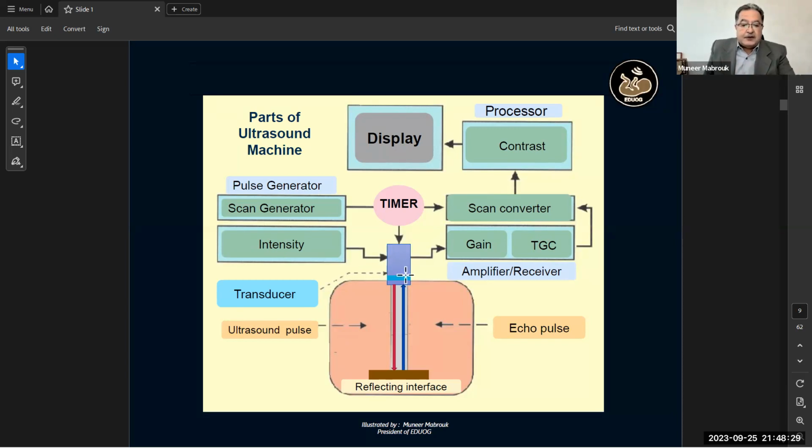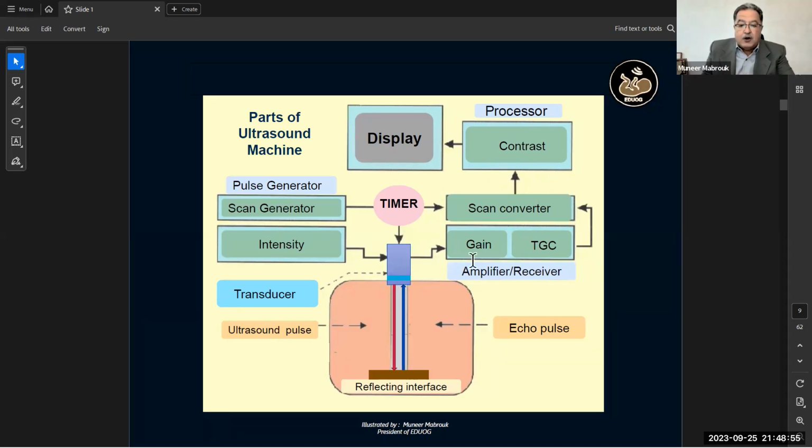The transducer, through the crystals here, changes the electric current that I gave it to sound that goes to the reflecting interface, uterus, ovary, whatever, muscle. Now, this reflects back the sound in the form of echo, and it will be changed through the elements here into electrical current that goes to this area.